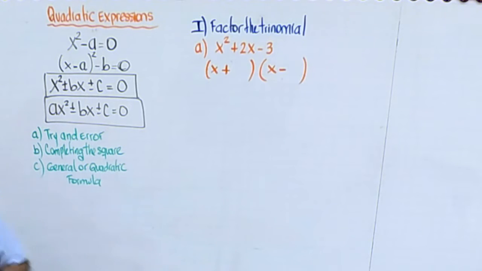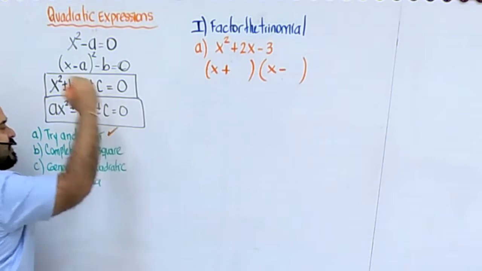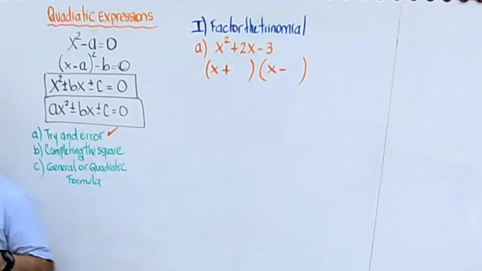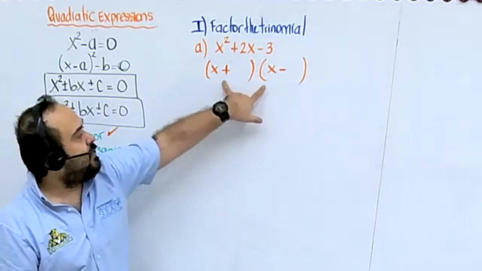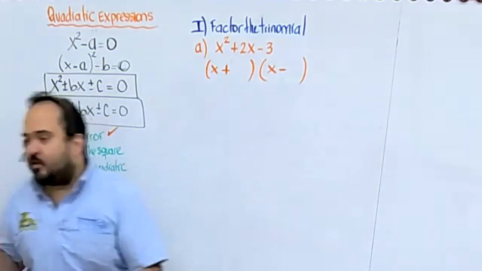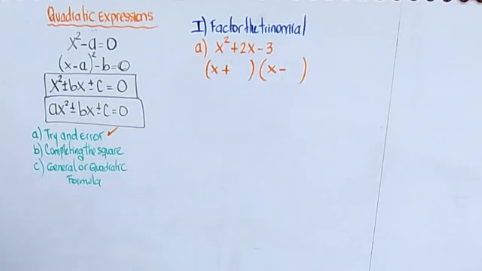Think about it. That's why it's called trial and error. A couple of numbers whose product gives us 3, and at the same time the subtraction. Why am I saying subtraction? Because we have different signs. The subtraction between the same two numbers gives us 2.